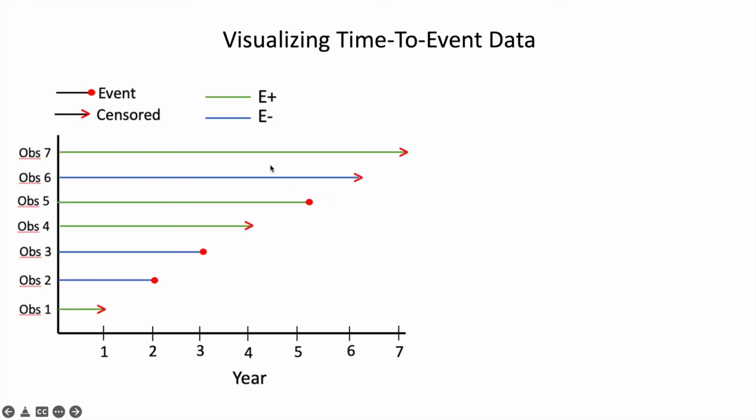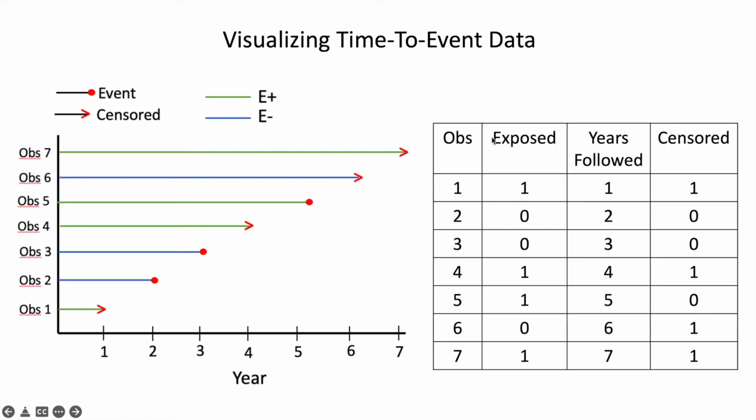And this brings me to how time to event data is structured. Typically you have their exposure status, the number of years followed, and whether their follow-up was stopped because of censoring or because of an event. Person 1 here was exposed, in the exposure positive group, followed for 1 year, and their follow-up was stopped because they were censored.